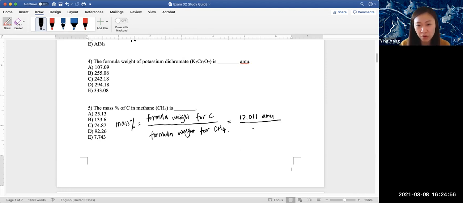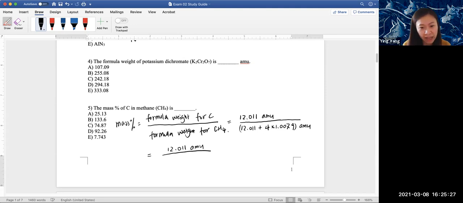And then I calculate for CH4, and it's 1 carbon plus 4 times the atomic weight of hydrogen. You find it on the periodic table, and it's 1.0079 atomic mass units. And then you do this calculation, and you have 12.011 atomic mass units for carbon.